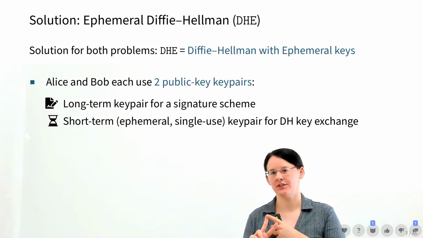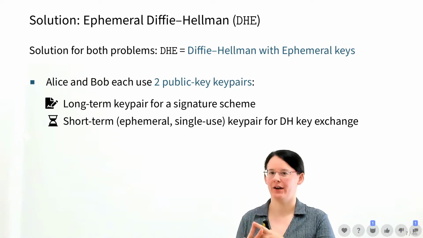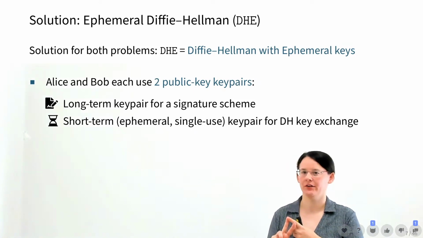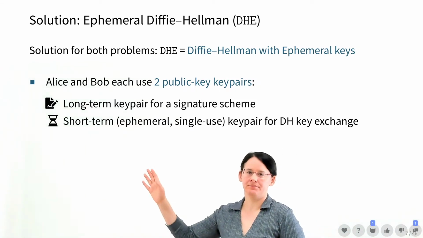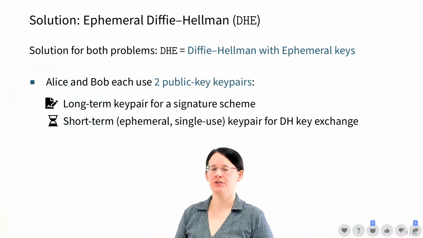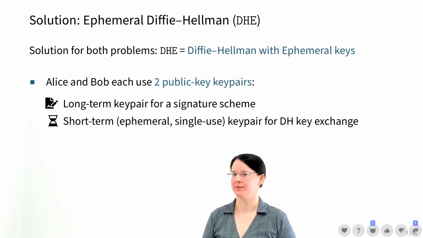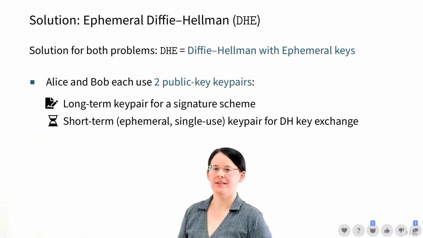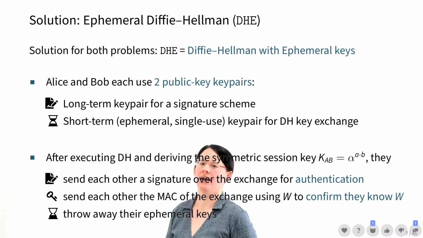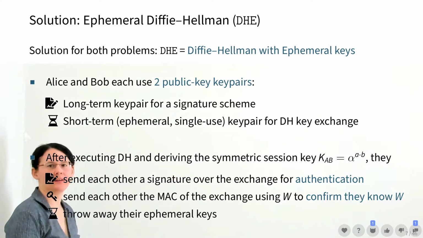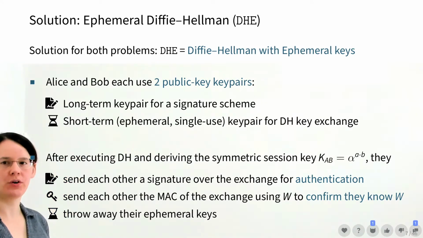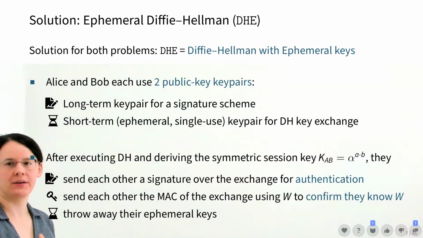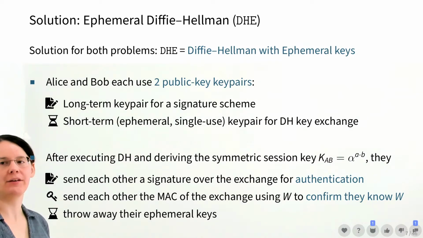So the only key that's used for a long time is always only used for signing. And for actually exchanging the key, you have a second ephemeral single-use key pair. Ephemeral means something like temporary. And this is the one you use for the actual Diffie-Hellman key exchange. So why does that make sense? What does it help to use this short-term key? Well, if you execute the Diffie-Hellman protocol with this short-term key, first you get a fresh symmetric session key every time.